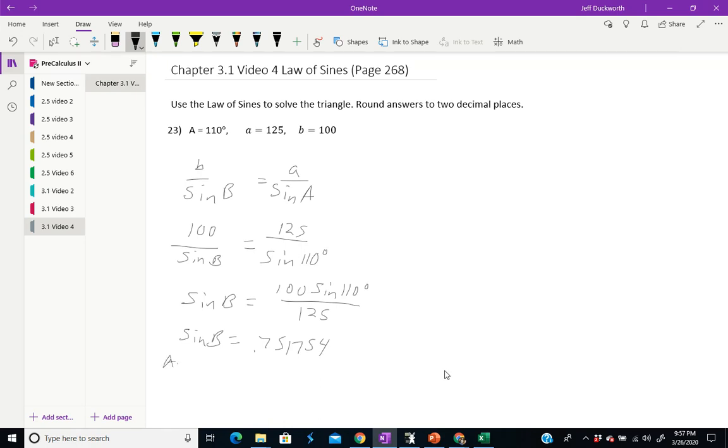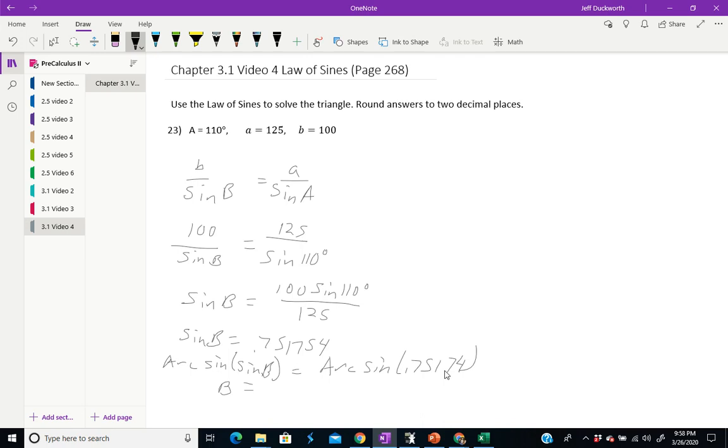So we have arcsine of sine of B equals the arcsine of 0.75174, which means our B, we take the arcsine of the sine, we just get B back.